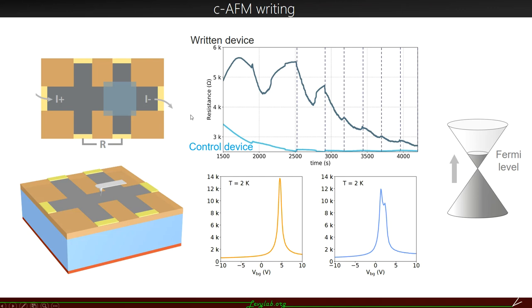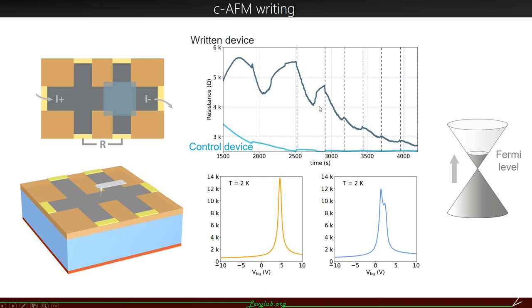Here is the four terminal device resistance during writing. We can see that the resistance of the graphene is changing as time goes by. So we're actually doping the graphene during the writing process, and our graphene is becoming more and more n-type after the writing.